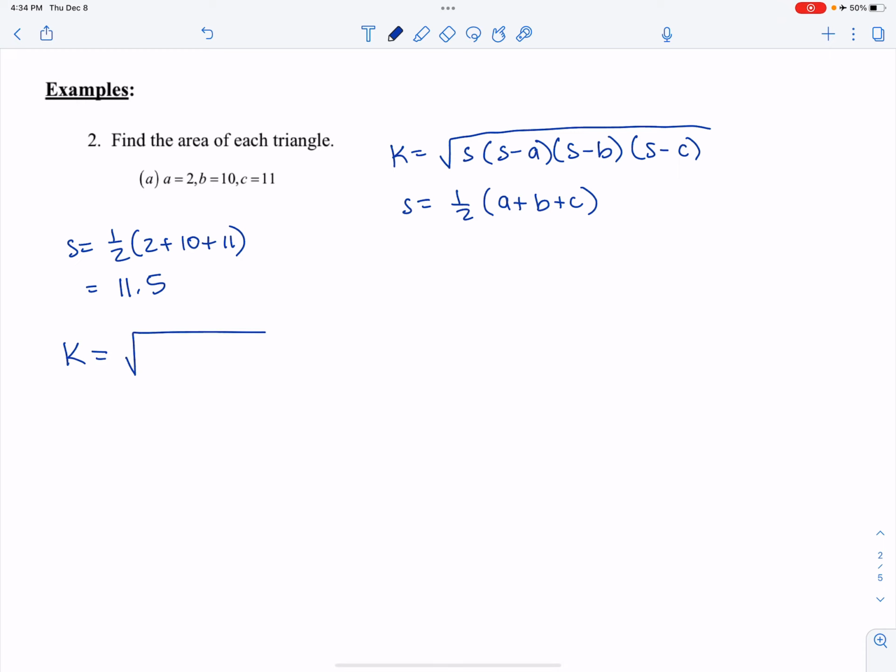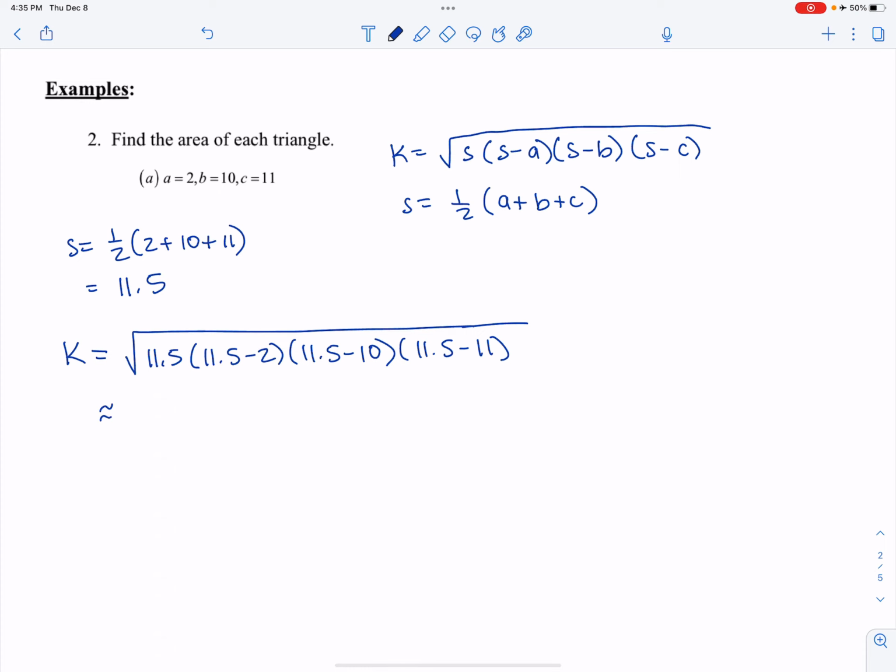So we have the square root of 11.5 times 11.5 minus 2 times 11.5 minus 10 times 11.5 minus 11. If we put that in our calculator, I have a TI-84, I put this in exactly as I wrote it, with all the parentheses and everything. This is going to give us approximately 9.05. And that's the area of that triangle.